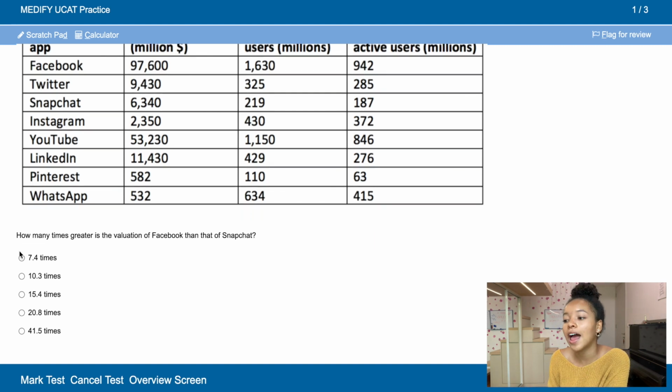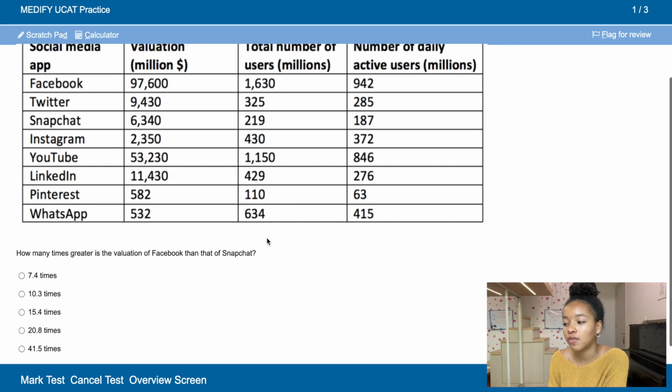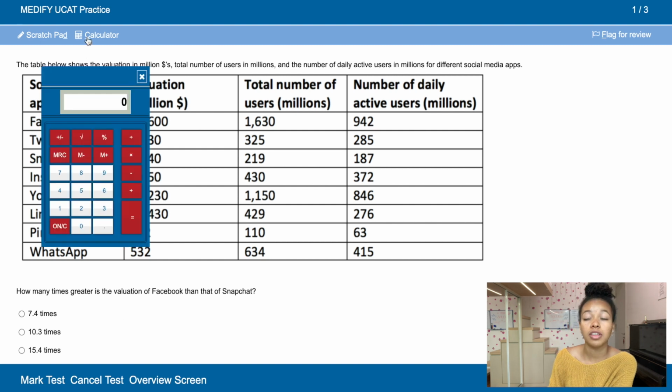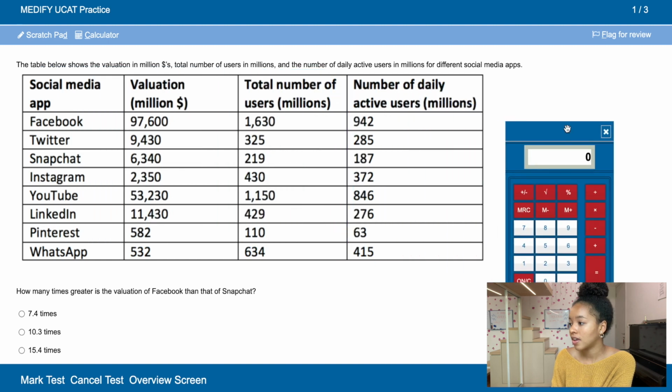The question says, how many times greater is the valuation of Facebook than that of Snapchat? The way to do this is rather simple. To know how many times greater Facebook is than Snapchat, we just have to do a simple division. At that point, I would use the on-screen calculator.